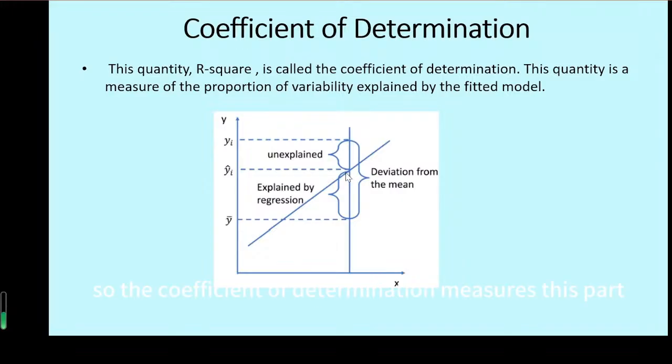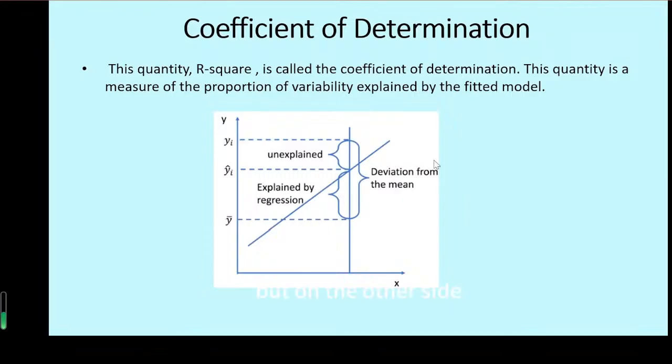So the coefficient of determination measures this part, right? If this is very close to 1, the error term will be very small. Which means all the variance of the y, because the y observation minus the mean value, squared, is the variance, right? So all the y variance will be explained by this fitted line. So this is a very perfect model.